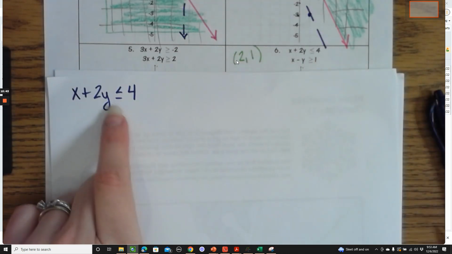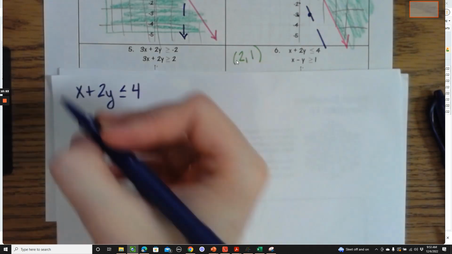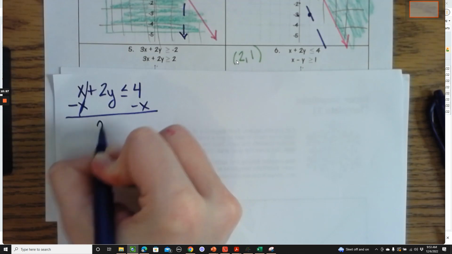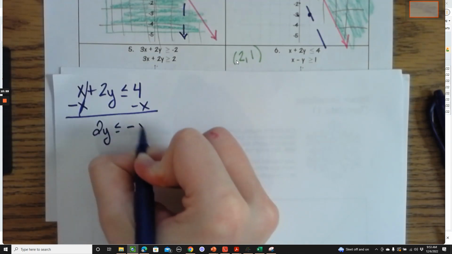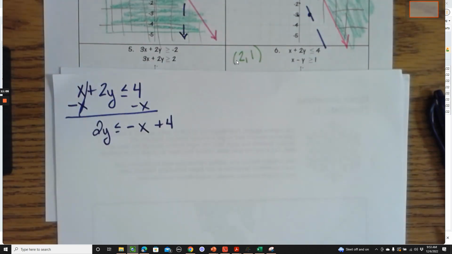Okay, y by itself. What do I got to do to get y by itself? Don't divide x. Subtract it. Negative x plus 4, okay? What's the last thing to get y by itself?